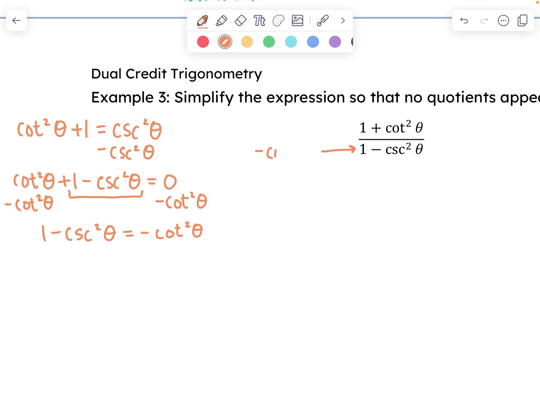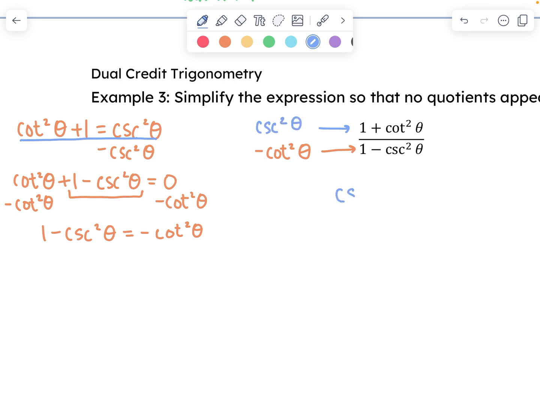So I can say the bottom is negative cotangent squared theta. So sometimes you can use your identities, you just have to be a little bit more clever about how you use them. So that's the bottom. The top is the original identity, where it's just the cosecant squared theta.